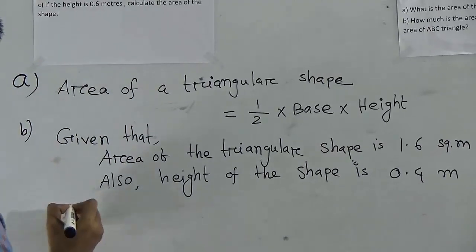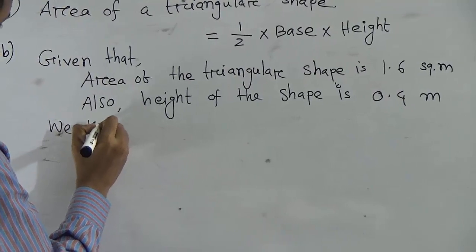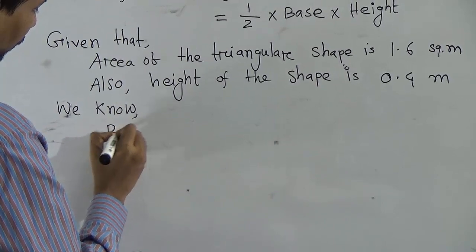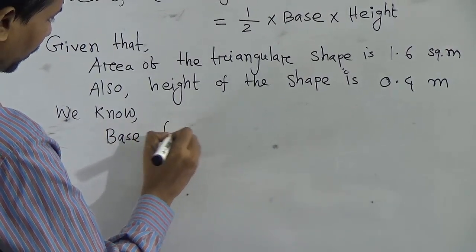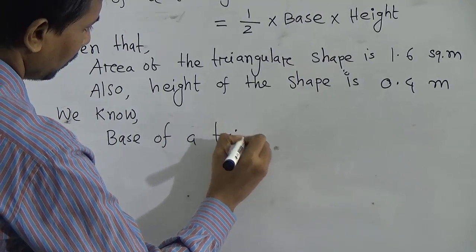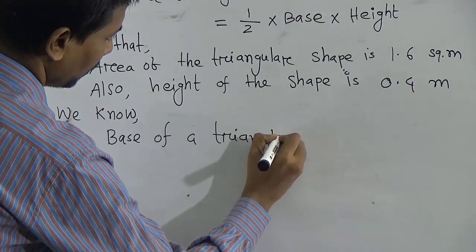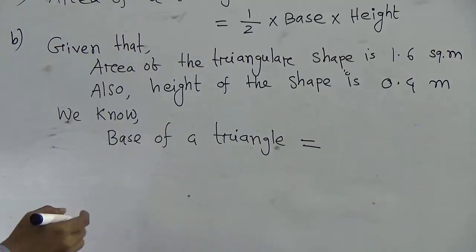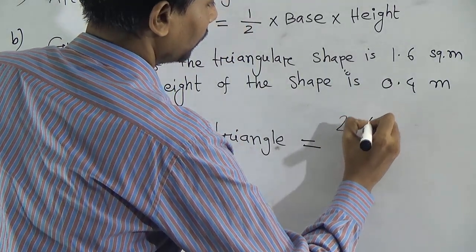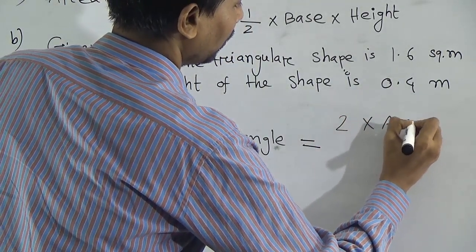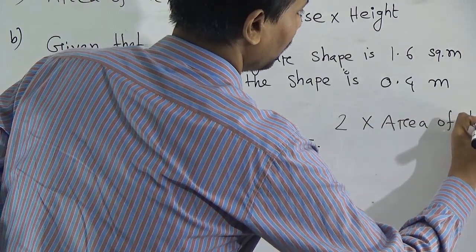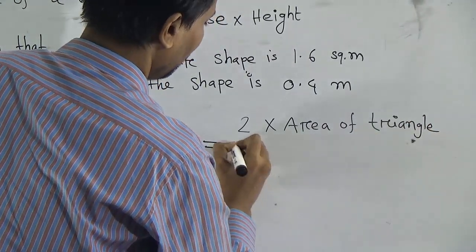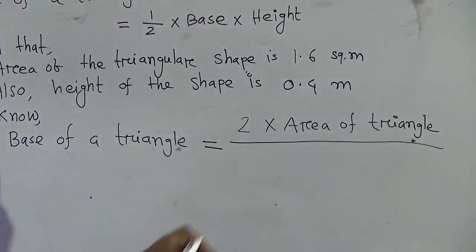Now we have to determine what is the base of the triangle. We know, base of a triangle equal to, dear student, this is the formula. Base of triangle equal to 2 into area of triangle divided by height.